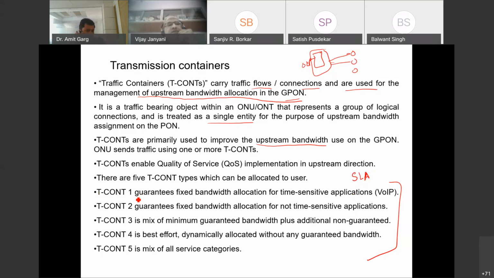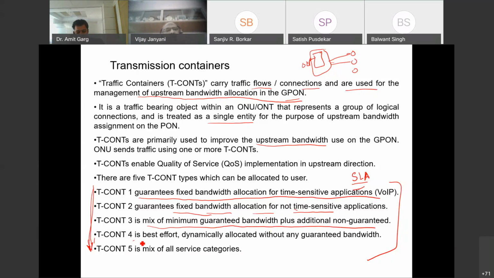TCONT 1, if implemented, guarantees fixed bandwidth allocation for time sensitive applications. TCONT 2 guarantees fixed bandwidth allocation, but not for time sensitive applications. TCONT 3 is a mix of minimum guaranteed bandwidth plus additional non-guaranteed bandwidth. So basically this moves from a very stringent or rigid requirement to a relaxed requirement, depending on the type of network.